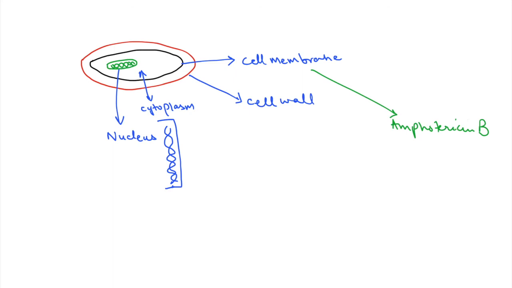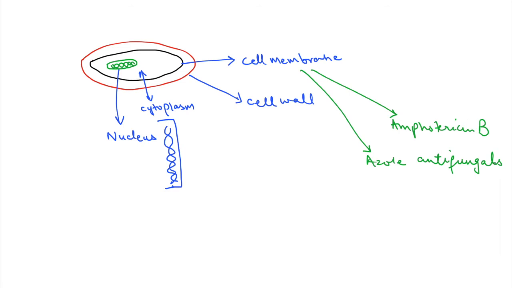So the next class of antifungal drugs is the azole antifungals, including fluconazole, itraconazole, posaconazole, voriconazole. These drugs target the fungal cell membrane.